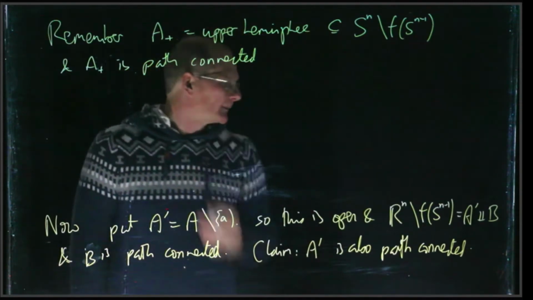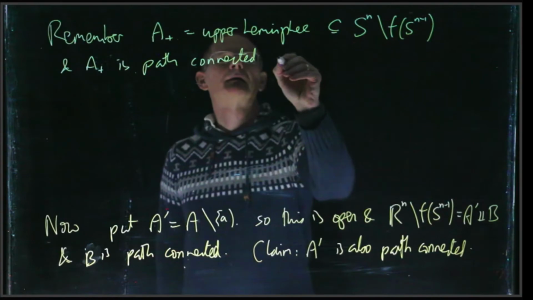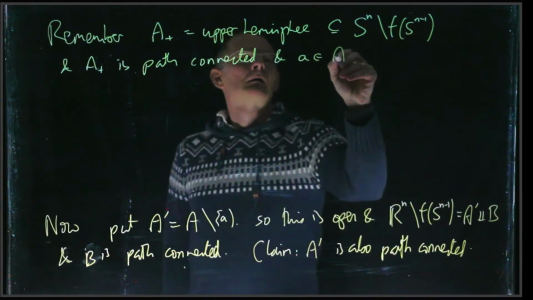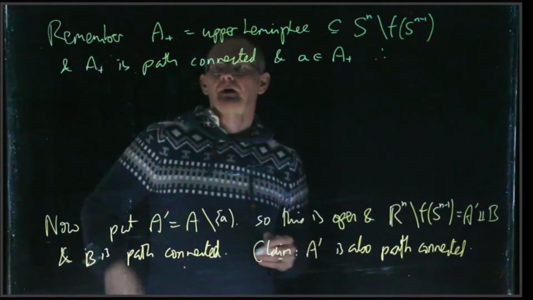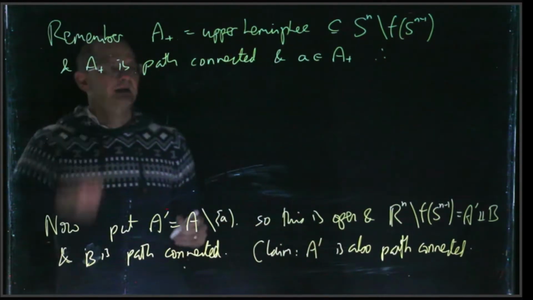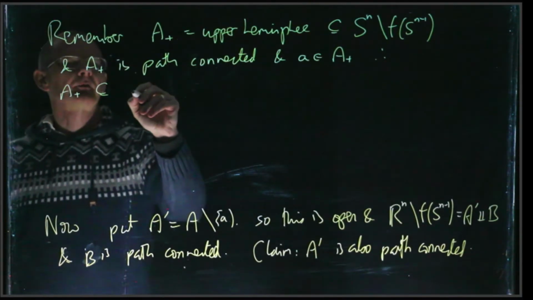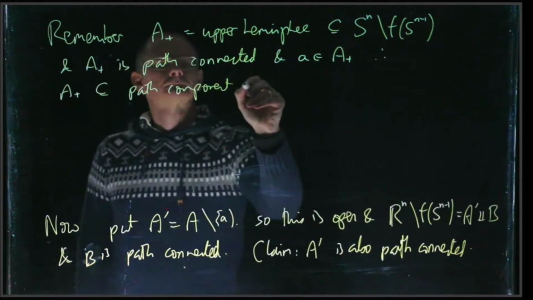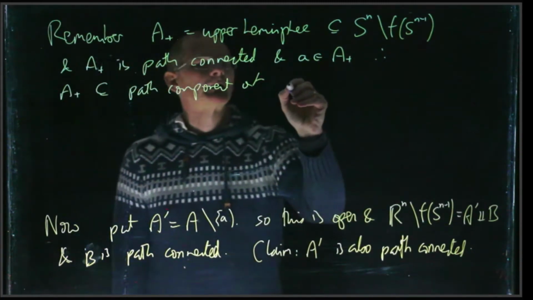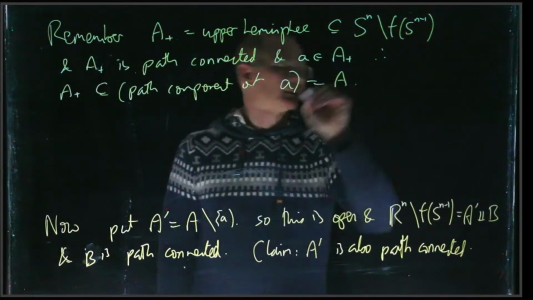And this is just a hemisphere, so it's obviously path connected. So that point a, that's our north pole, right? That's certainly contained in A plus. Therefore, A plus is contained in the path component of little a, which was by definition the set capital A.